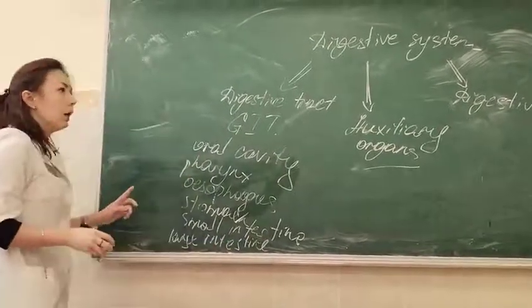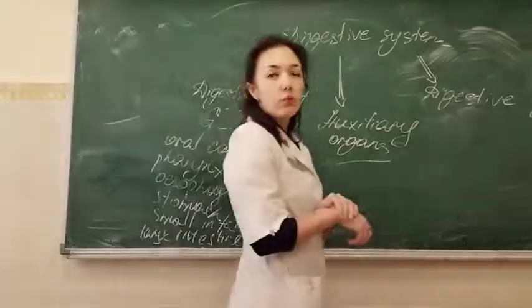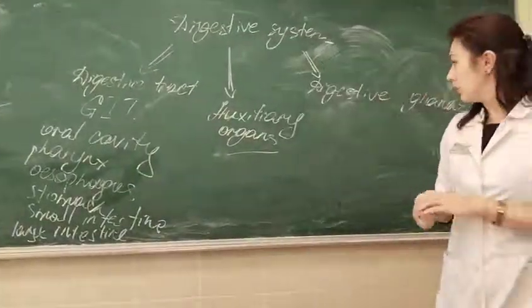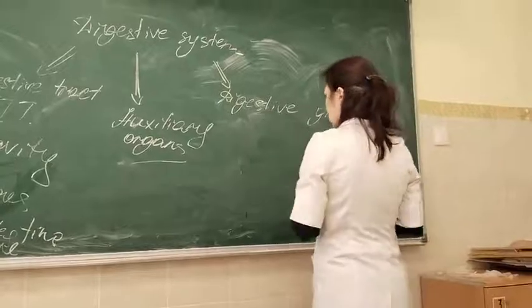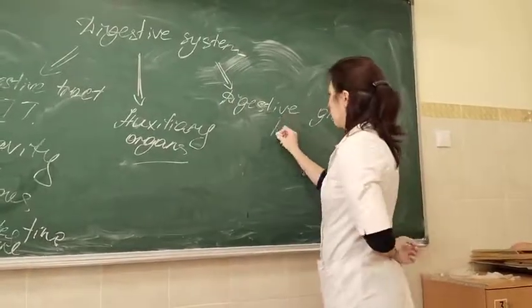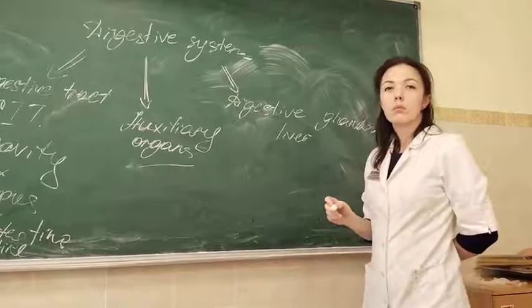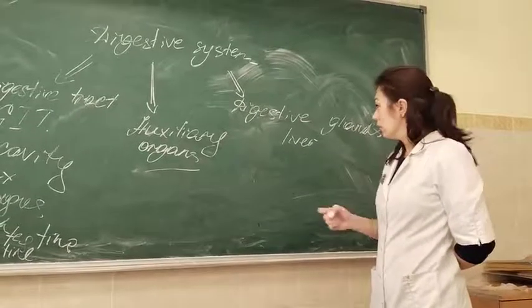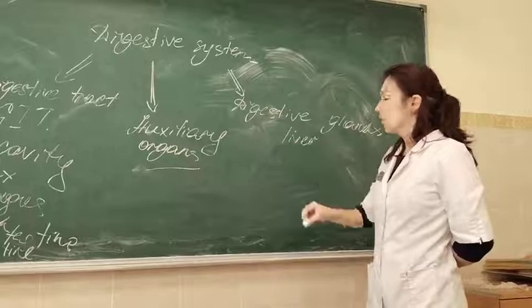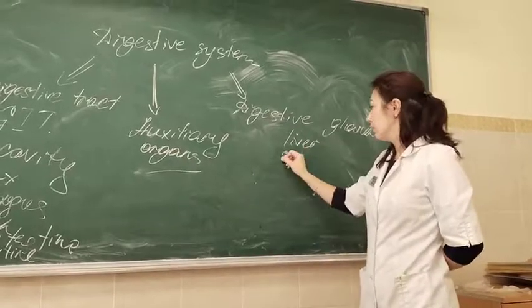So which digestive glands do you know, Ayush, please tell us? Liver. What else besides liver? Pancreas. Salivary glands.